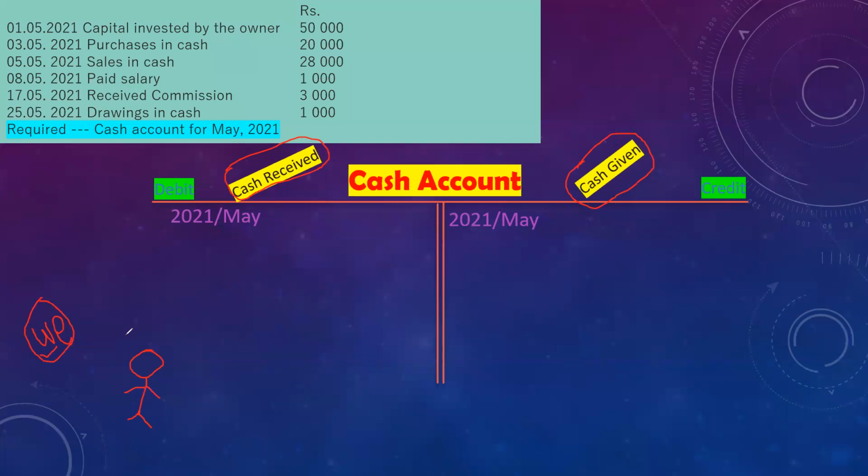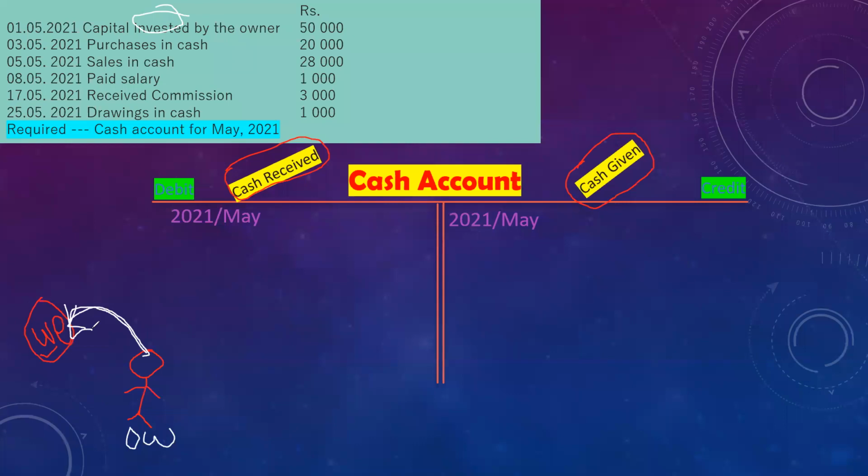Capital invested by the owner means the owner brought money to the business, right? When the owner introduces the capital, the owner invested the capital, meaning the owner is giving money to the business. That means we are receiving money. Am I correct? If you have doubt, please tell me, okay?